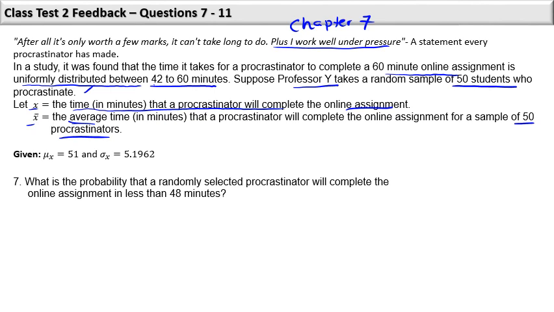We are told here that X follows a uniform distribution and the parameters are the minimum value 42 and the maximum value 60. Now the question is, what is the distribution of X bar?